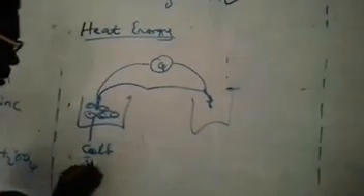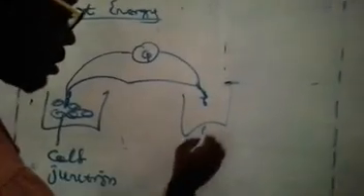We call this place cold junction. We call this place, let's say we have a candle here, hot junction.